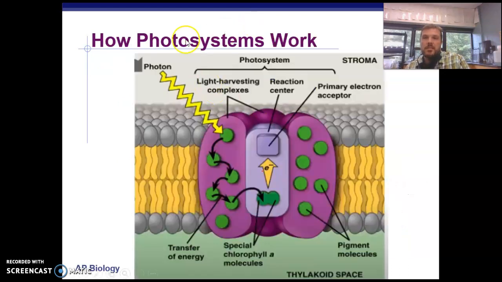So same idea here. Photon comes in, we pass from molecule to molecule, getting more and more excited. Eventually that excitement reaches those special reaction center chlorophyll molecules, and an electron is going to be ejected out into a primary electron acceptor. So two different ways to look at the same thing. Feel free to use whichever diagram you like better.